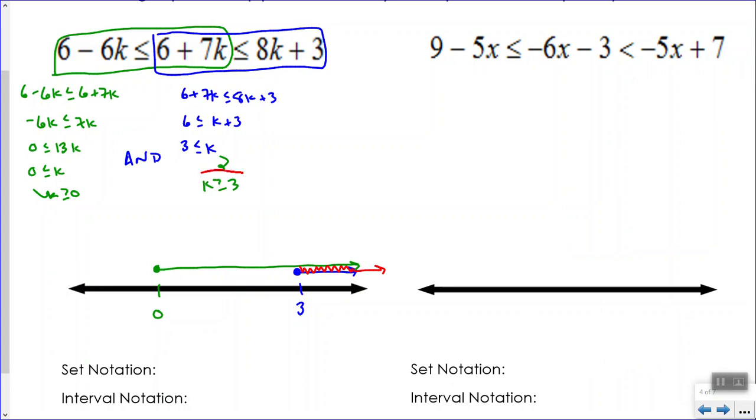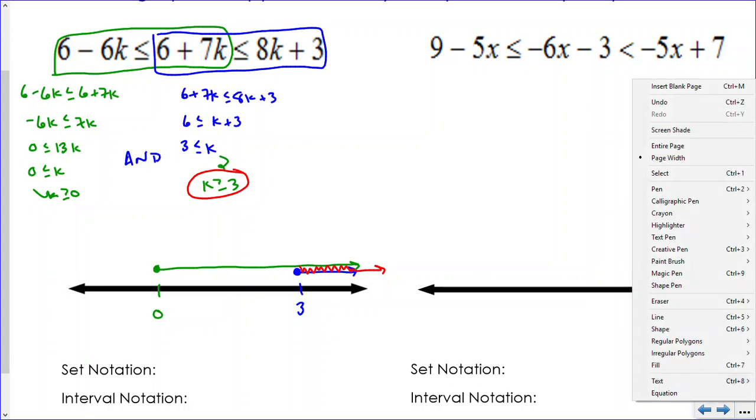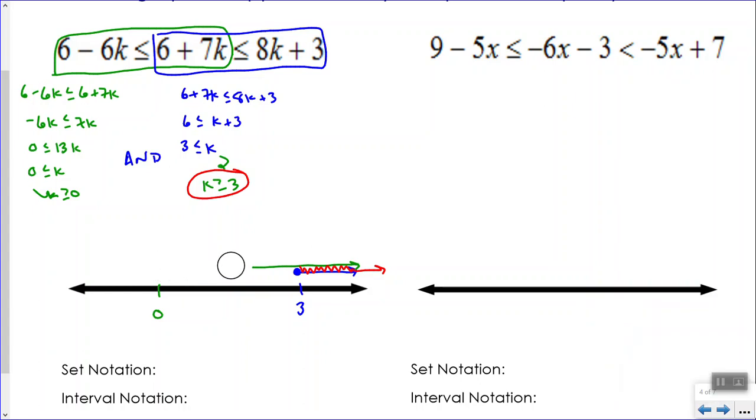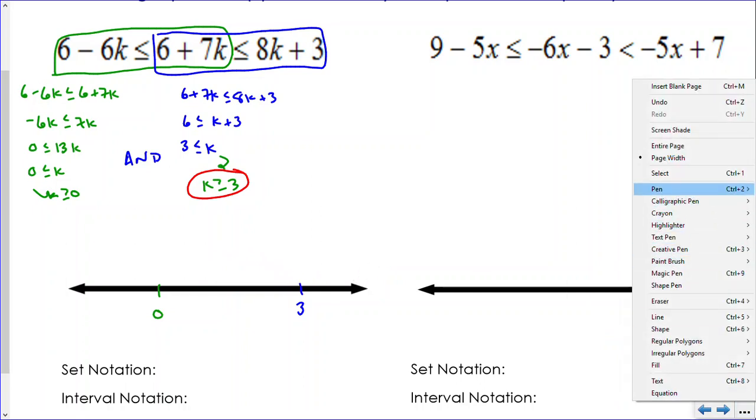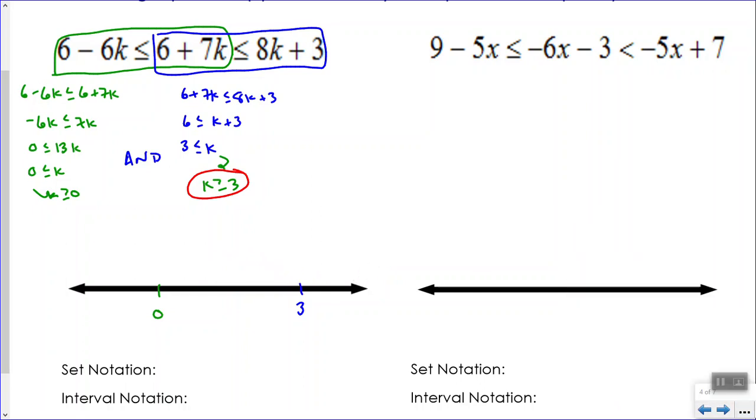So our final simplified solution is just going to be the values of k such that k is greater than or equal to 3. If we just take the overlap part of our graph, then all we need to worry about is a closed circle on 3 and an arrow heading off to the right to take all of those values that are greater than or equal to 3.